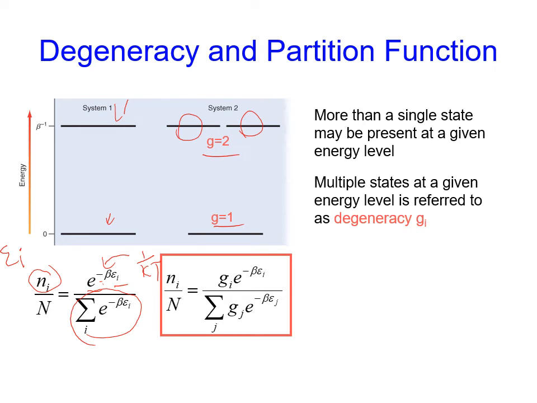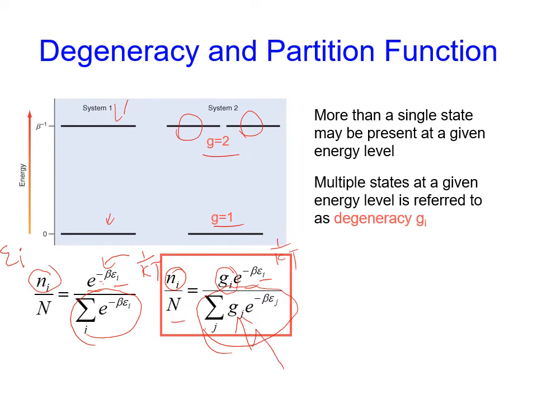So here, for this system, Ni divided by N should equal Gi, the degeneracy of energy level i, times e to the negative 1 over kT times epsilon i, divided by the summation over all energy states, and the degeneracy is included for all energy states.